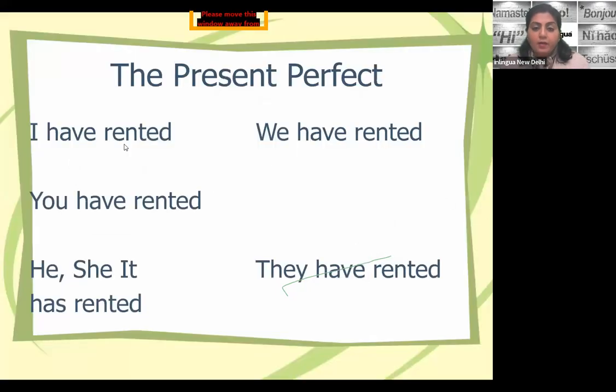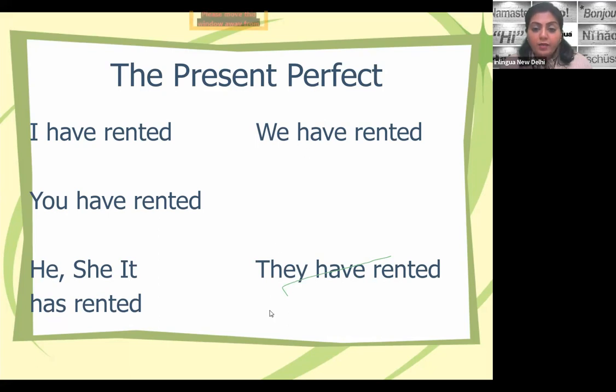Okay. More examples. I have rented an apartment. We have rented an apartment. You have rented an apartment. She has rented. He has rented. It has rented. They have rented. For groups, you need to put have.